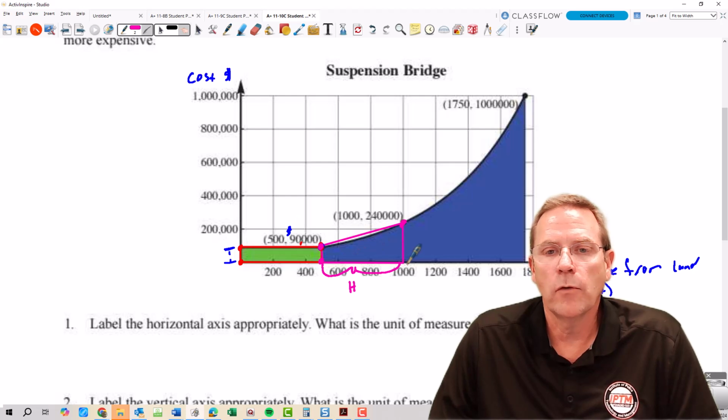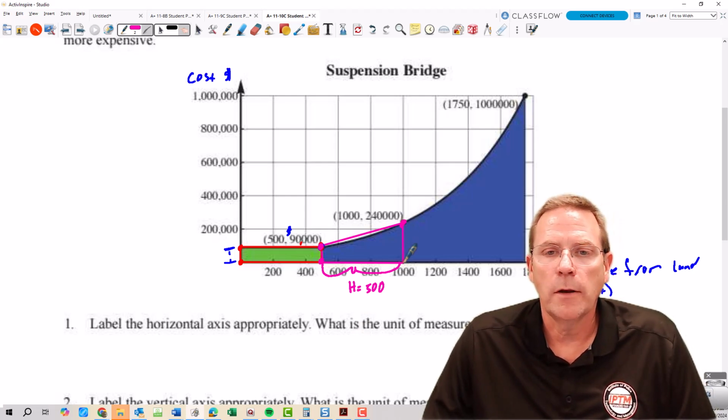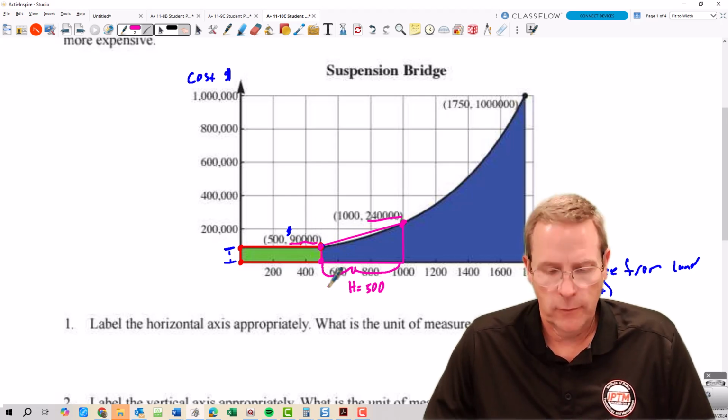And that would be, of course, 1,000 minus 500, which is going to equal 500. Our bases of our trapezoid are going to be 0 to 240,000, so 240,000 is going to be one base, and 0 to 90,000, so 90,000 is going to be the other base.